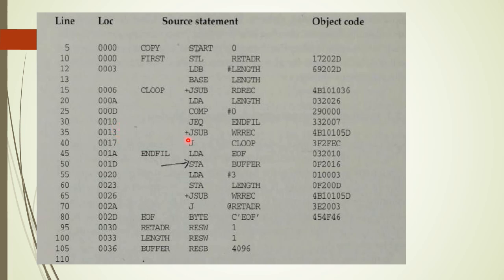Again here it is plus, so it is instruction format 4 of length 4. Therefore 3 plus 4 becomes 7. Like that you calculate the location counter value for an instruction.